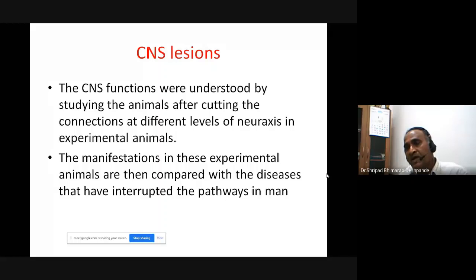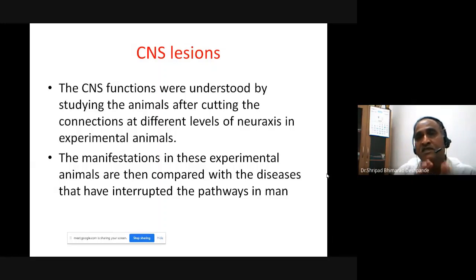Previously, we did not have imaging techniques available; we had to just interpret. Nowadays, we have CT scans, MRIs, and even functional MRIs, so we can really try to know which part has gone wrong.